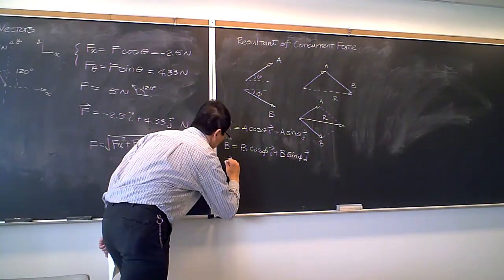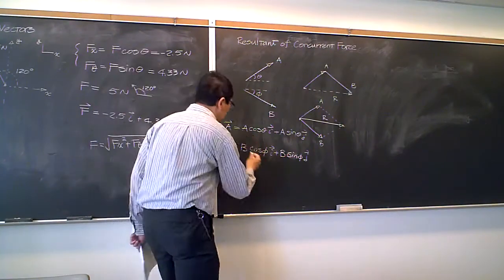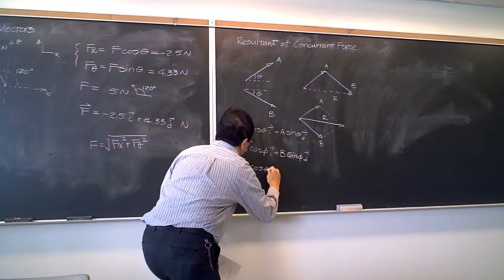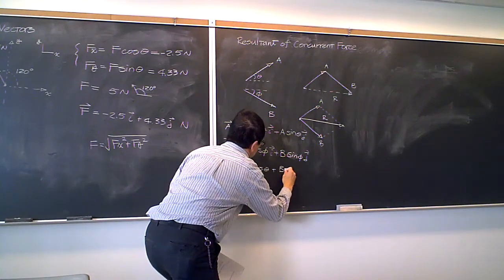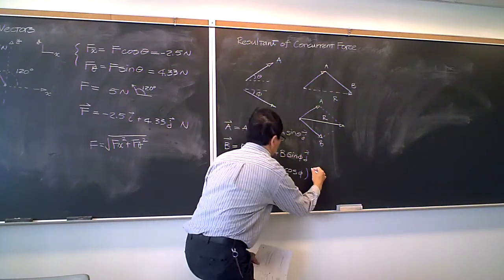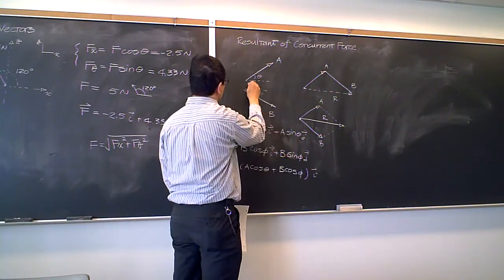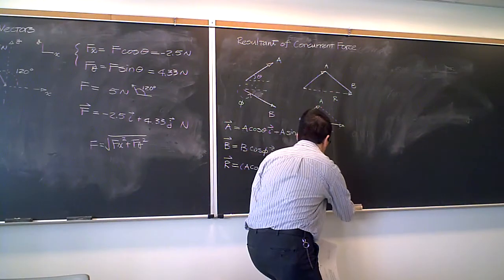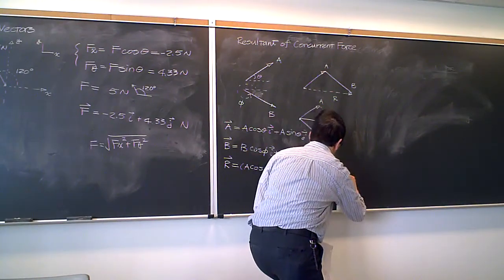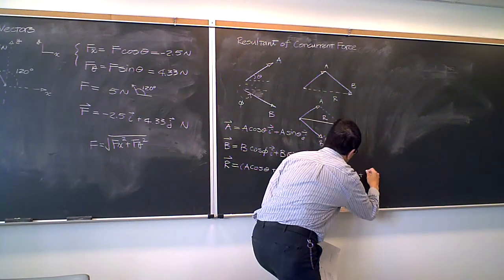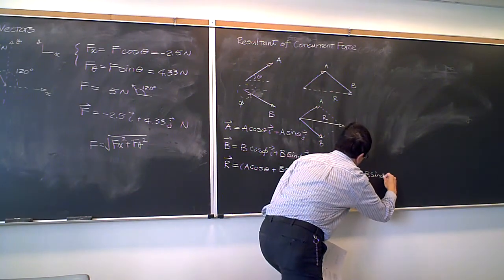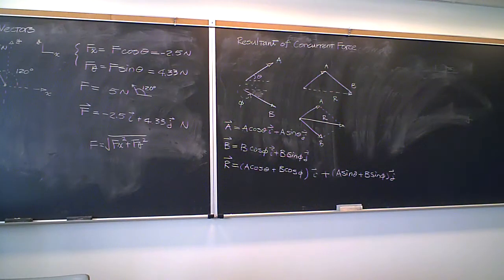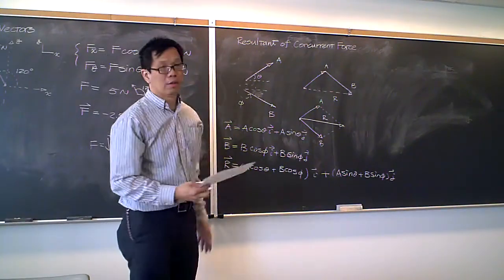So my R is going to be x added to x, y added to y: A cosine theta plus B cosine of its angle i, plus A sine theta plus B sine of its angle j. Okay? So either way, you can do that.